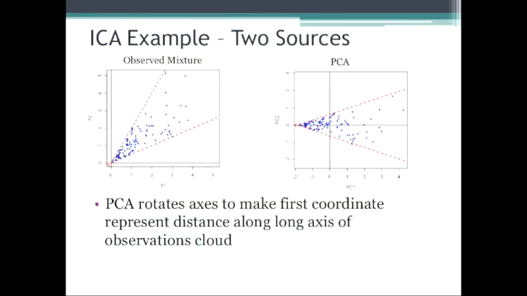So let's look at what happens supposing we do principal components analysis. What principal components analysis is going to do is say, okay, this is sort of an ellipse here. Let's find the long axis of this ellipse. And where's the long axis? Well, it's where it usually is. So let's put this on its long axis and say this is the first component and this is the second component.